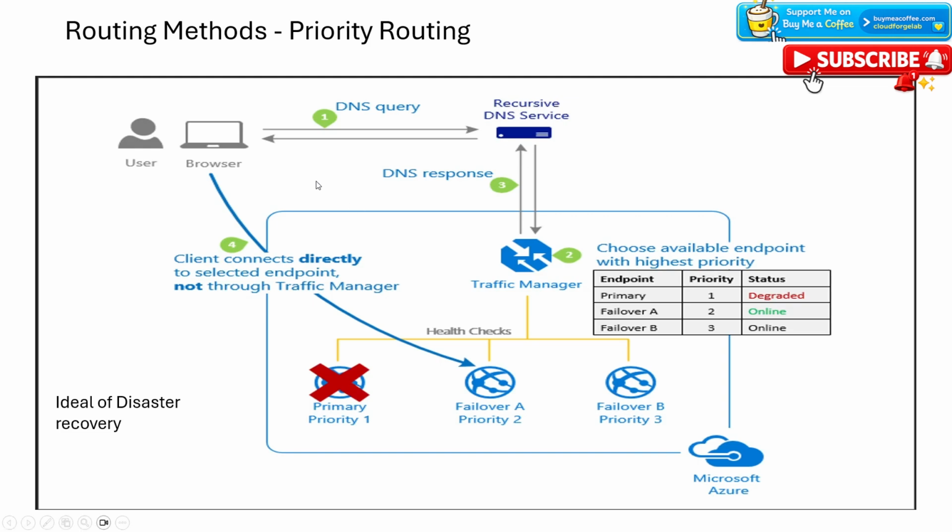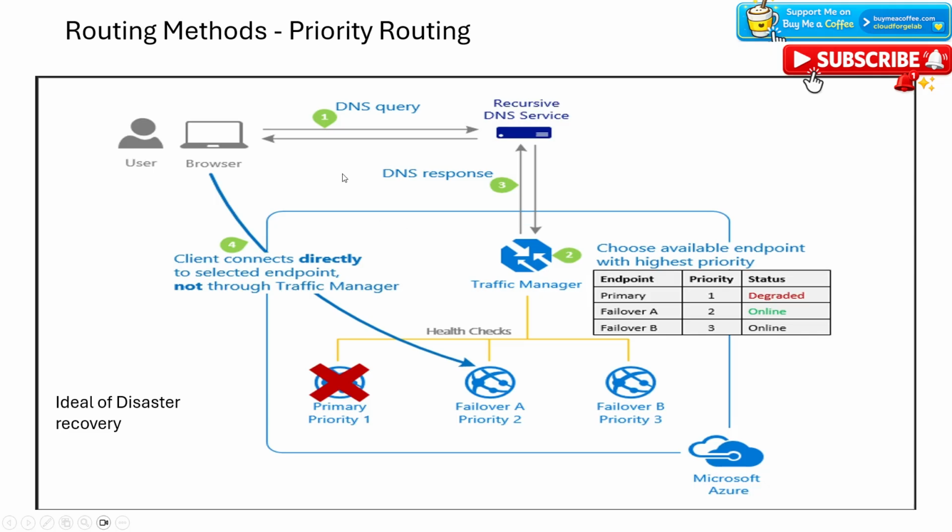Now that you have understood how the traffic manager works, let us discuss the different routing methods provided by Azure Traffic Manager. The first one is the priority routing method. In this method, the traffic manager sends all the traffic to a primary endpoint, and if that fails, it sends it to the endpoint which has the next highest priority.